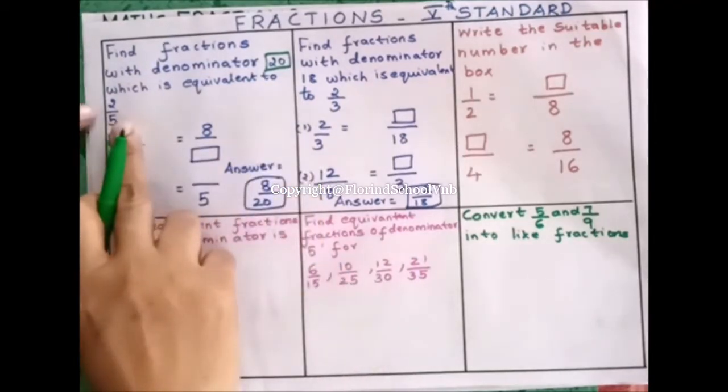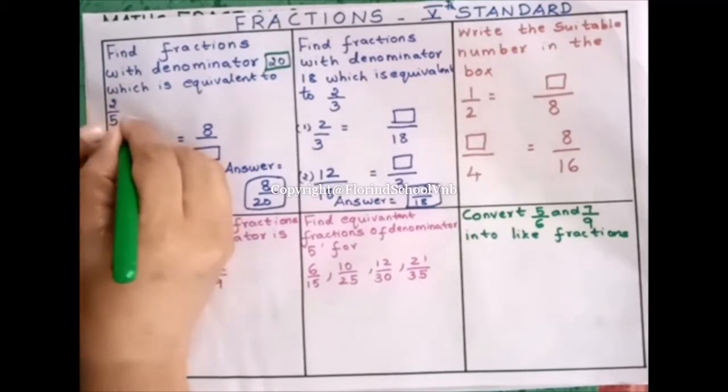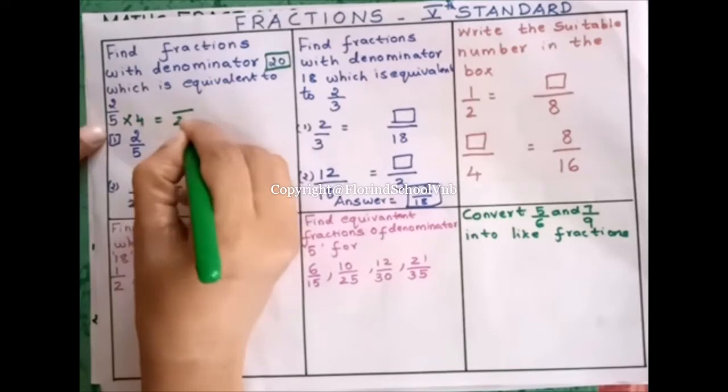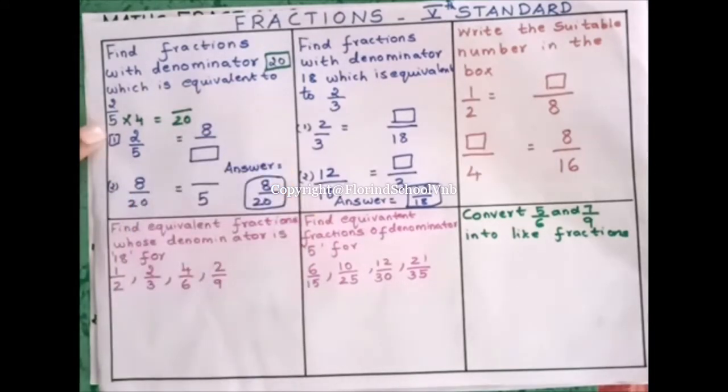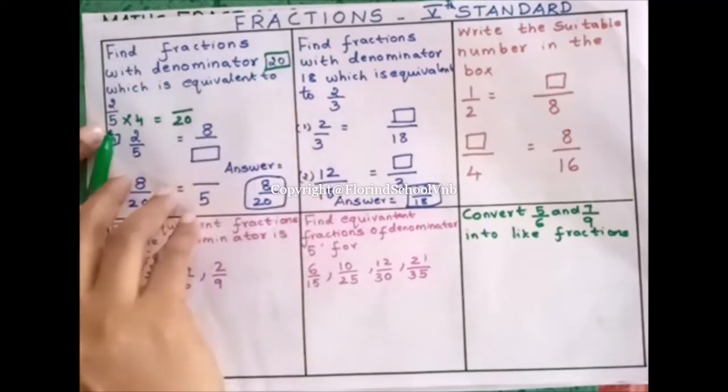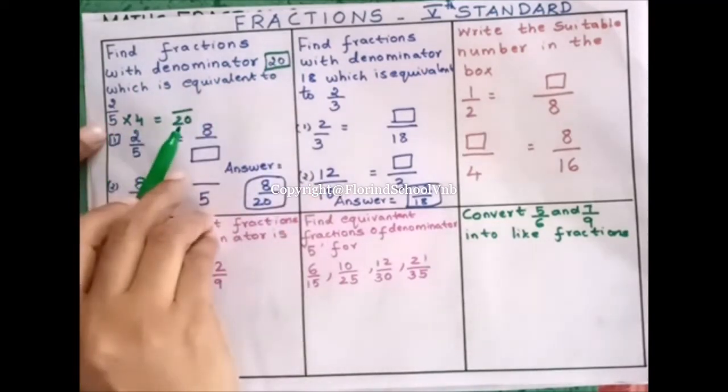So the fraction should be equivalent to 2 by 5. When you multiply 5 by 4, you get the denominator 20. So 5 into 4 is 20.